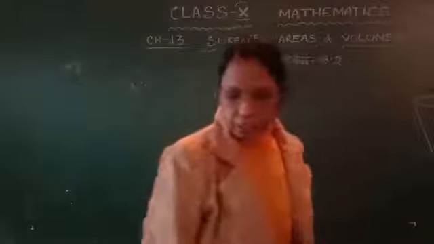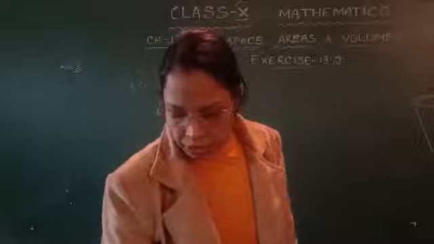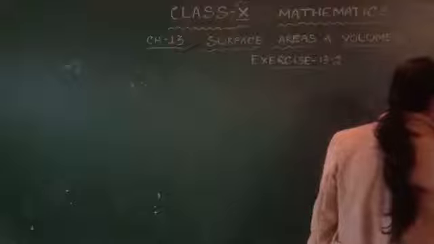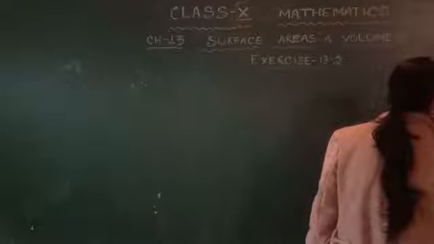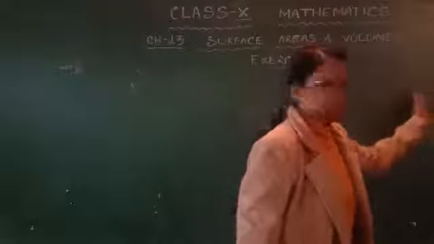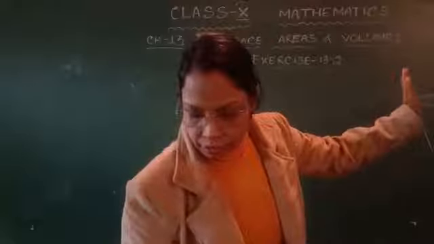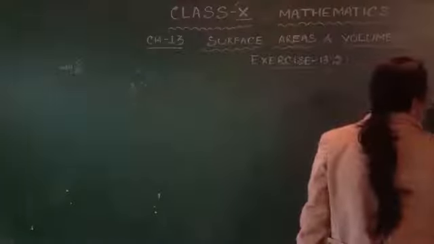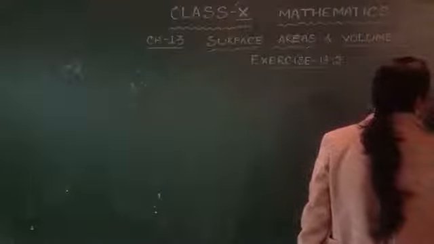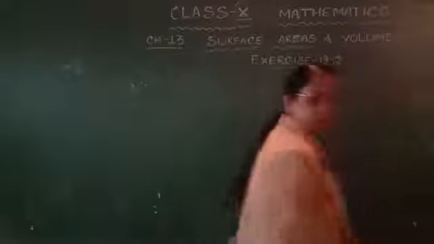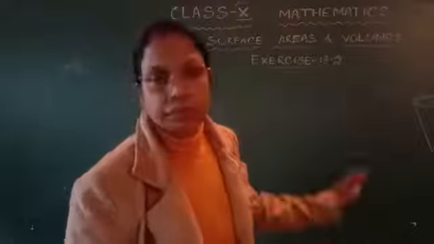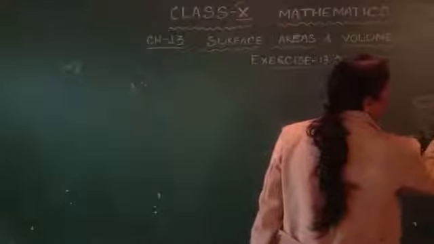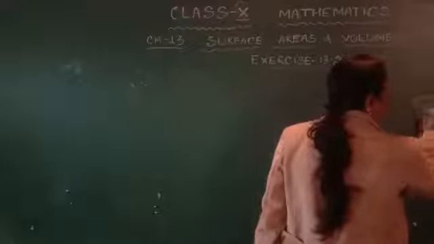And the height of this vessel is 8 centimeter, and it is open, and the radius of the top is 5 centimeter. Okay, and then what did the question say? It is filled with water up to the brim.